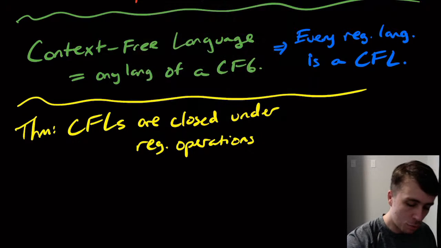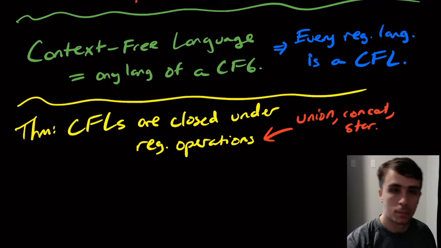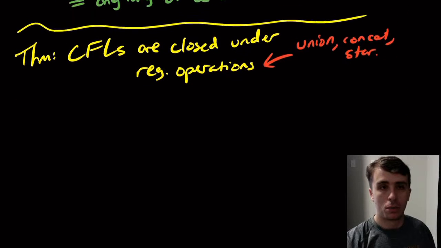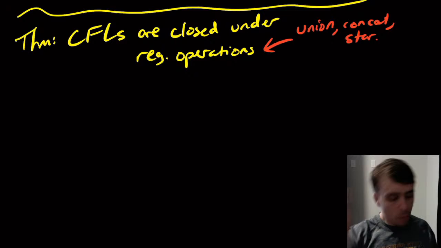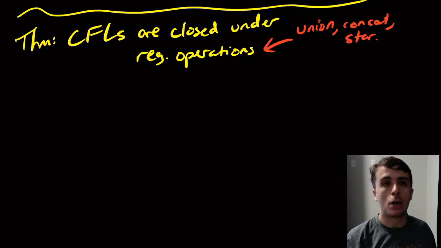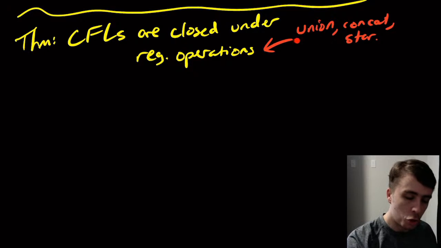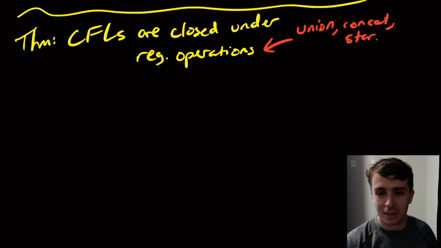And if you don't remember, these are union, concatenation, and star. Okay, so how do we actually show this? So the only way we know how is if I have a context-free grammar for two different languages, could I make a context-free grammar for the union? TLA is also TLA, yeah, I know.